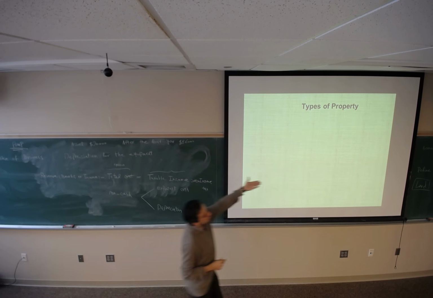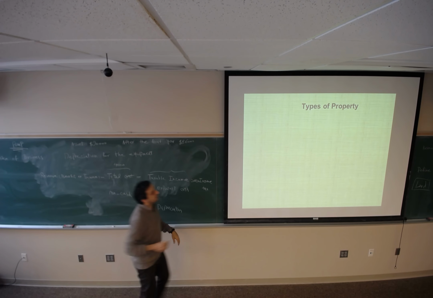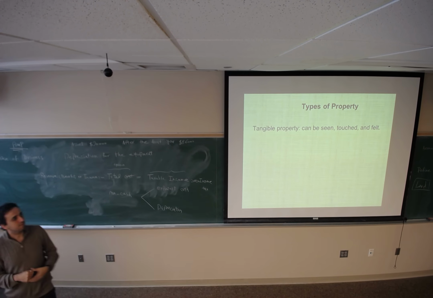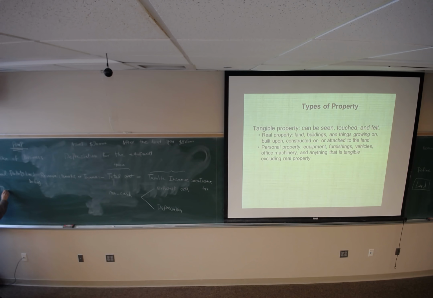There are two types of business assets. One is tangible property. They can be touched, seen, and felt. We have two types of tangible: real property, which is land and buildings, and personal property, the other property.